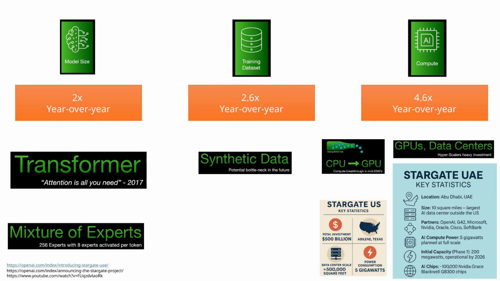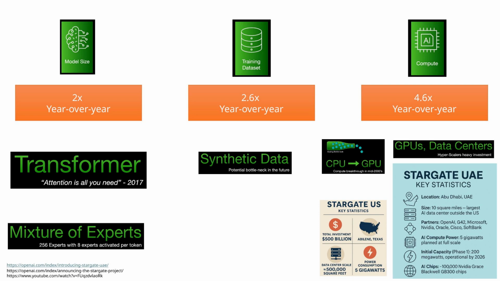This slide highlights key breakthroughs driving exponential growth in model scaling. In model size, mixture of experts, MOE, architectures, such as DeepSeek's 256 expert model, enable more efficient scaling by activating only a subset of experts per token. For training data, as available real-world internet data is used up for training, synthetic data offers a promising path to further expand training datasets.